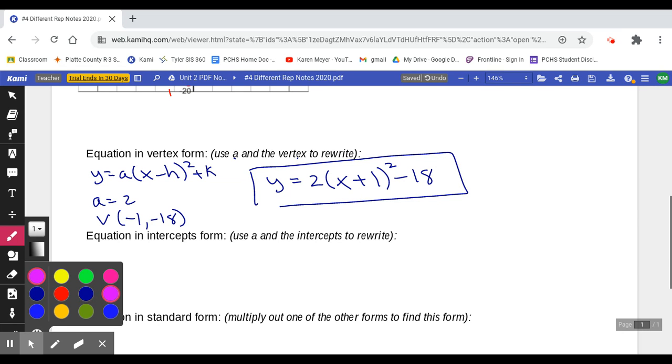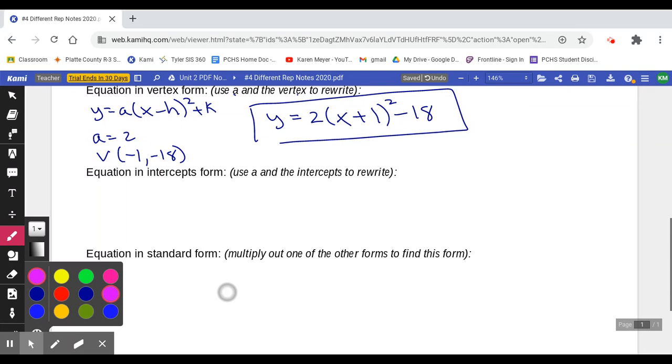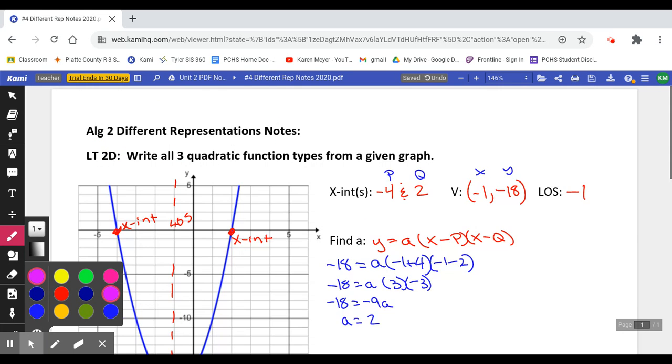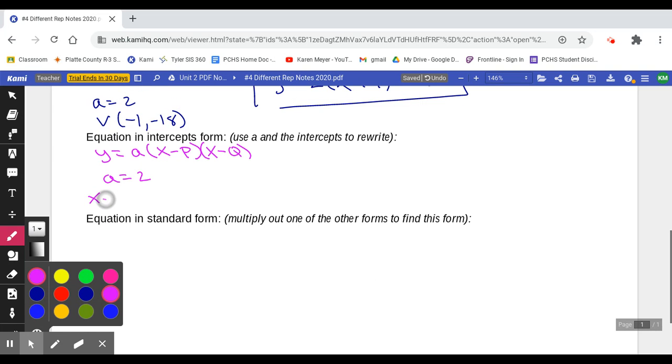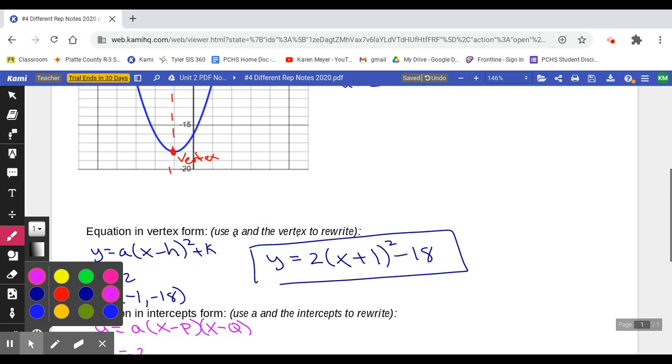Intercept form. Well, we just wrote intercept form up above, but I'll rewrite it here: y equals a(x - p)(x - q). So a is 2, and my x-intercepts are at -4 and +2.